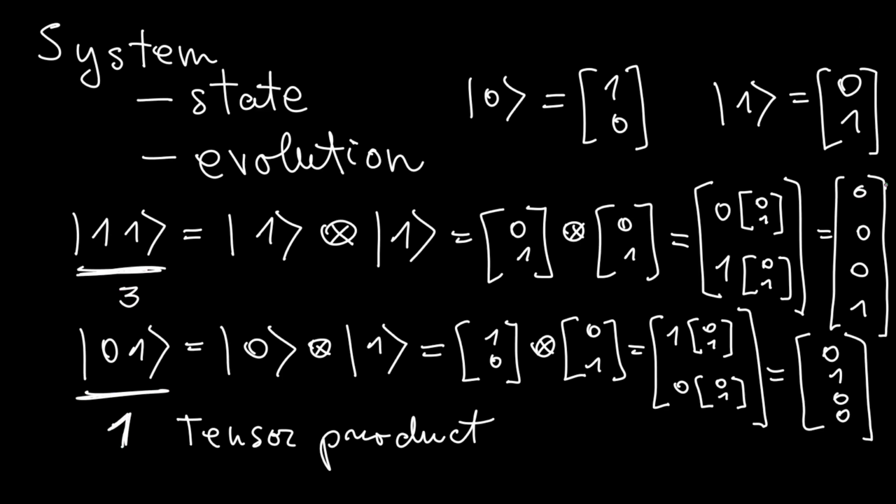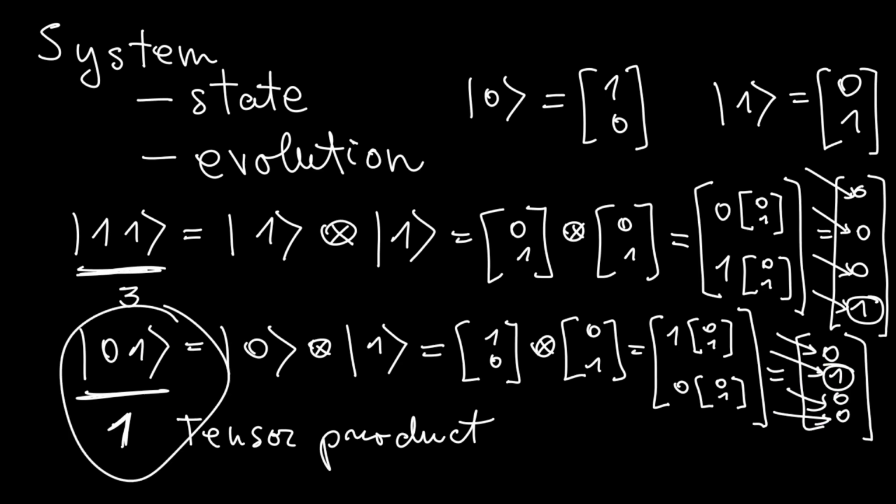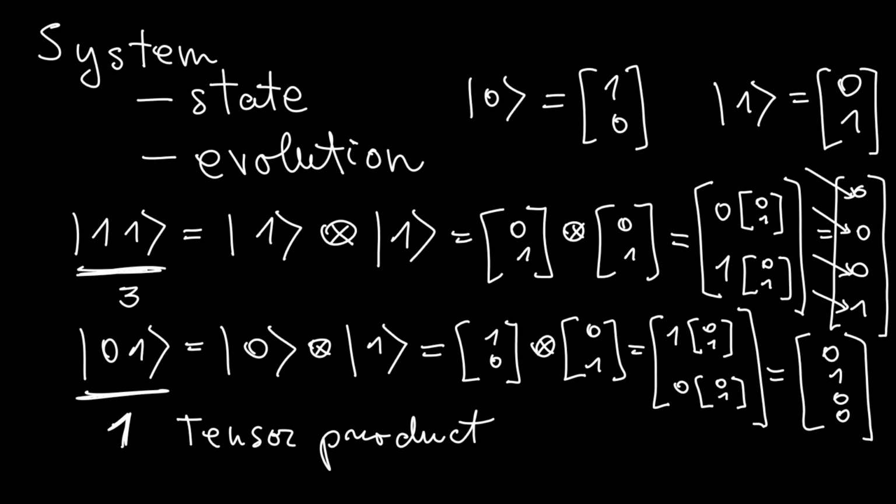If we look at these entries and start counting from 0, this is going to be 0, 1, 2, 3, and as you can see, the 1 is in position 3. Here we're going to get 0, 1, 2, and our 1 is marked as 1 because this is the number 1. So basically, write all zeros and put a 1 at the entry given by the number.